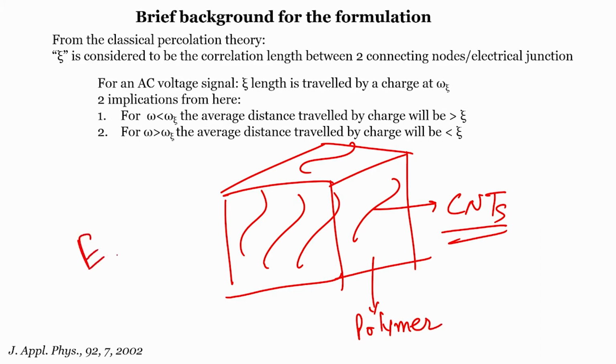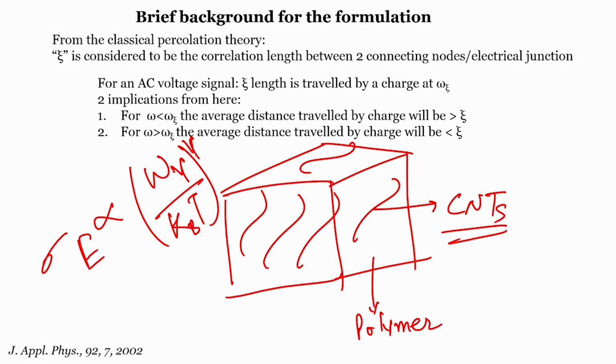And then if you remember the equation, sigma_DC was proportional to (W over gamma kBT) to the power gamma. This was mostly associated with DC transport, and we understood the significance of gamma and how it is temperature dependent.